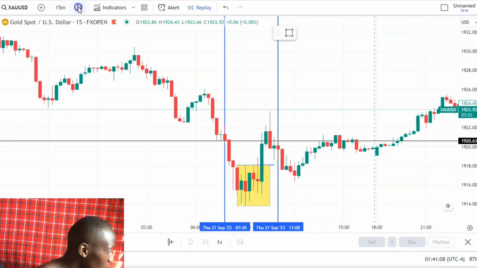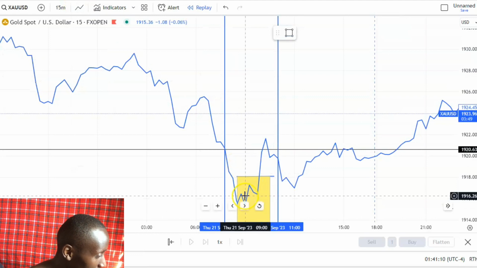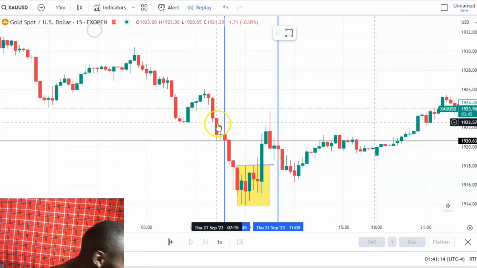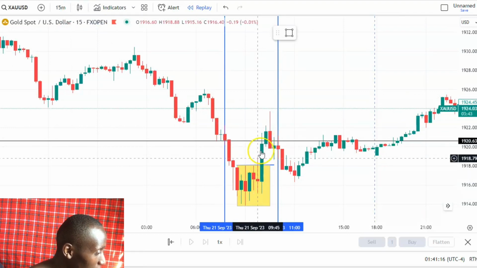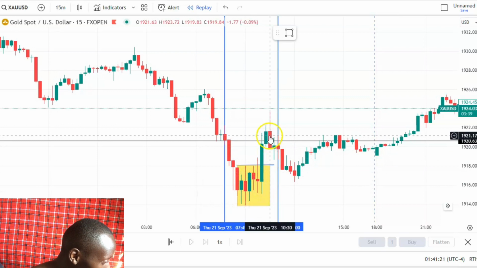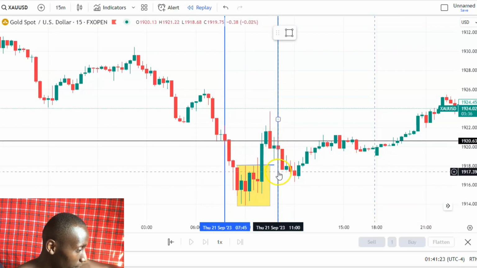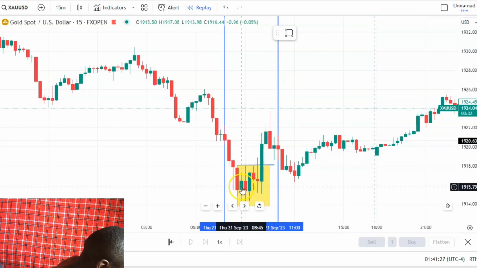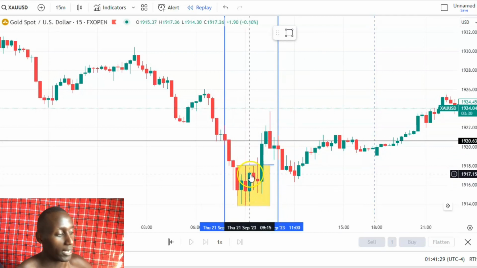Yes, when you look at it on the line graph, it is a W pattern, but we have no breaking structure yet. The breaking structure actually occurred here. So this was now the W pattern with the breaking structure, and then we wait for the pullback for the continuation. But if you take trades here, you'll get stop hunted.